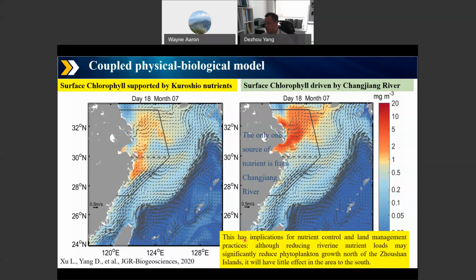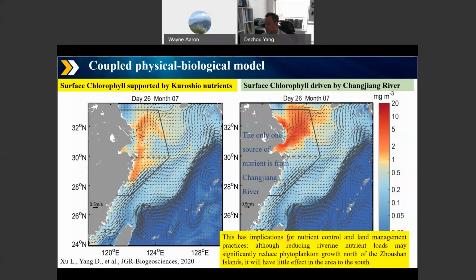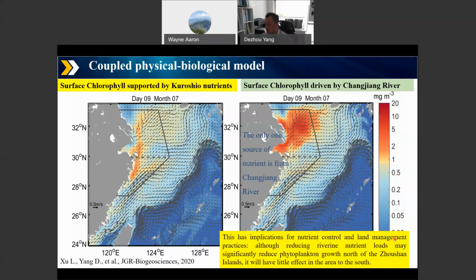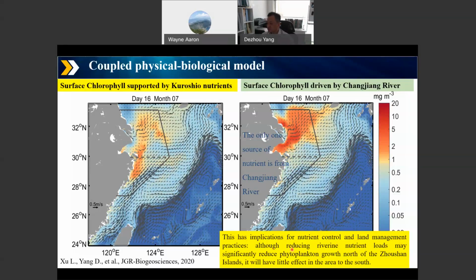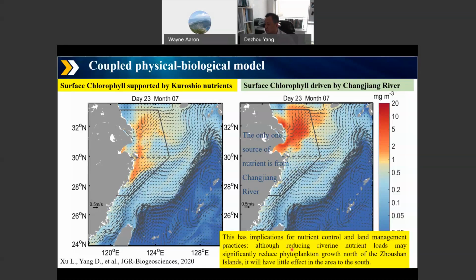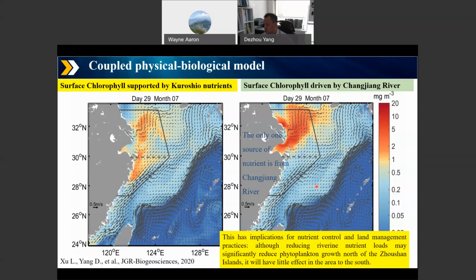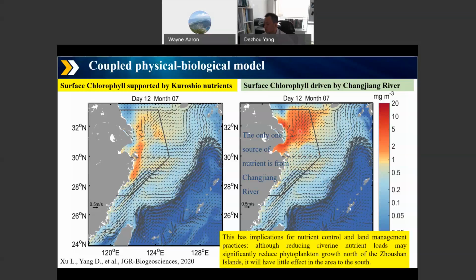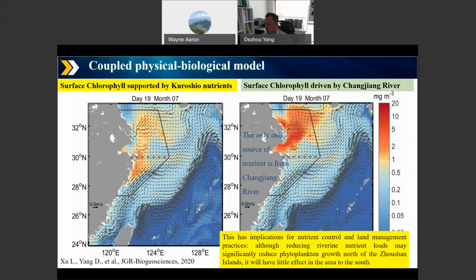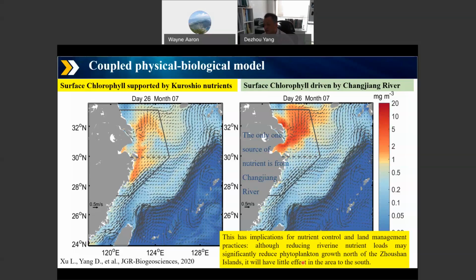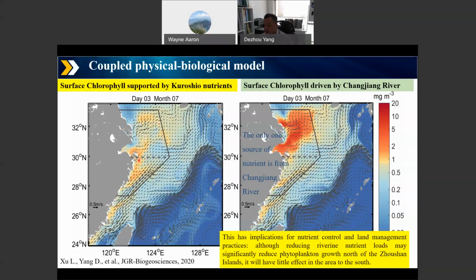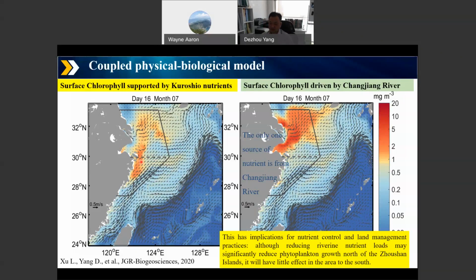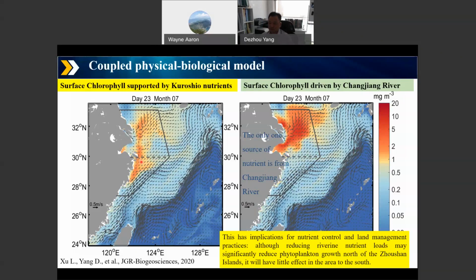This has very important implications for nutrient control and land management practice. Although reducing river nutrient load may significantly reduce phytoplankton growth north of this area, it will have little effect in this area, because this area is mainly regulated by the nutrients from the Kuroshio.